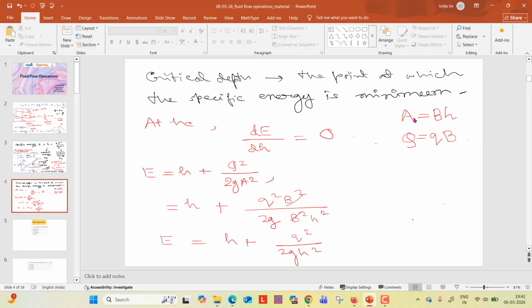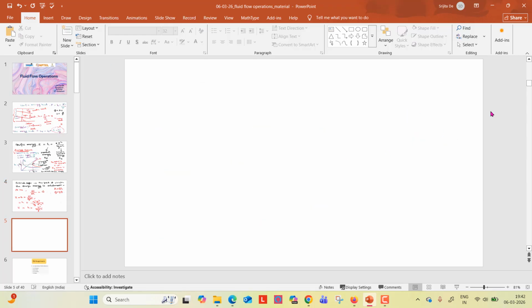Now we will get the derivative. Let me write the expression of E again: H plus small q square by 2GH square, right? Check it.